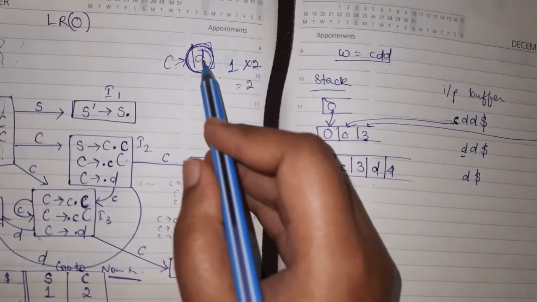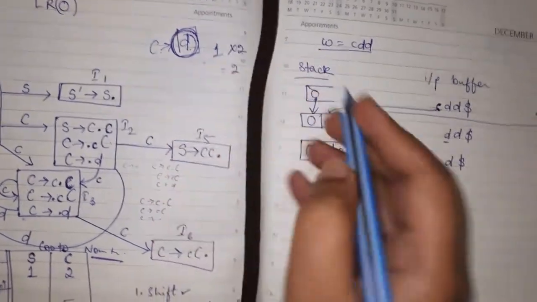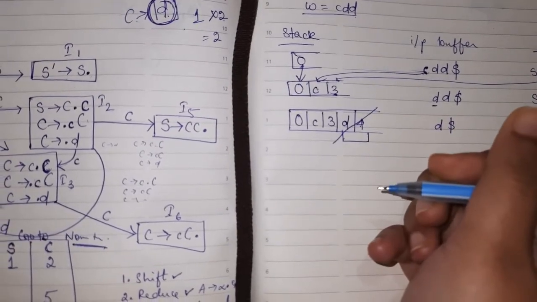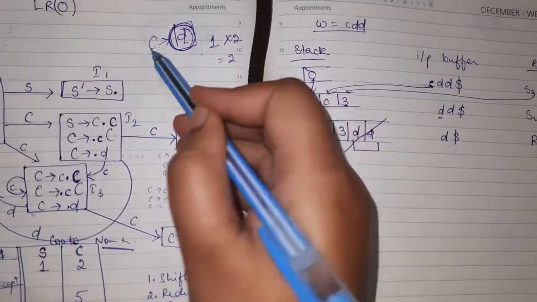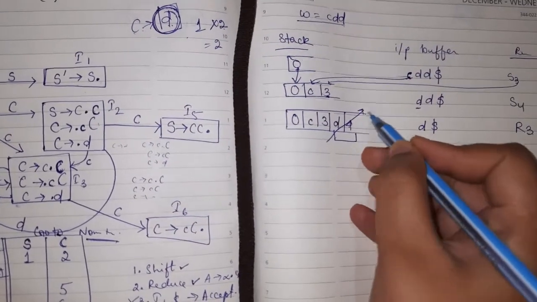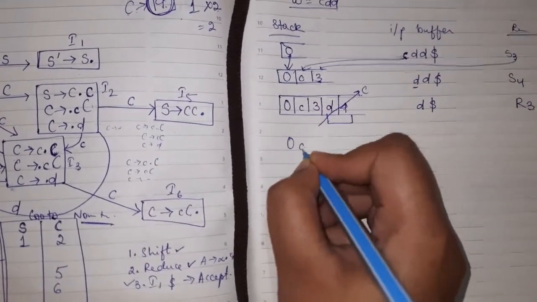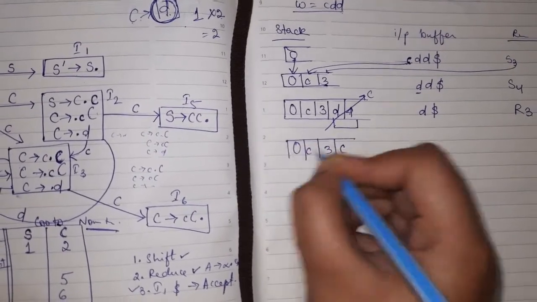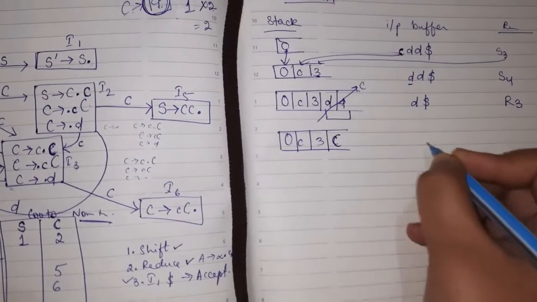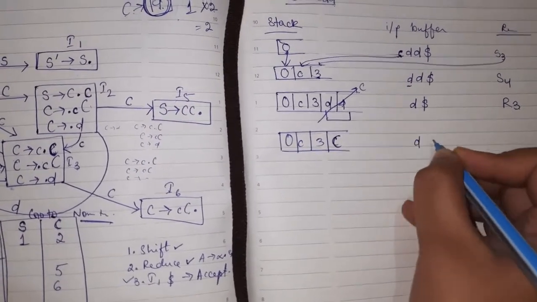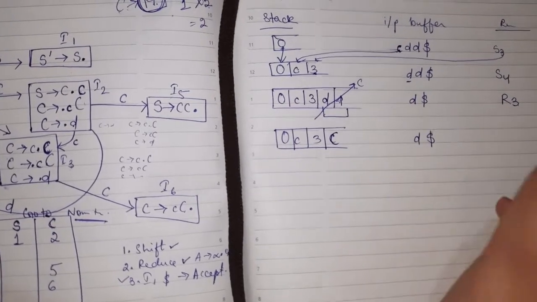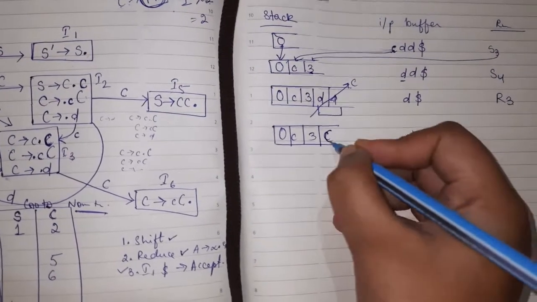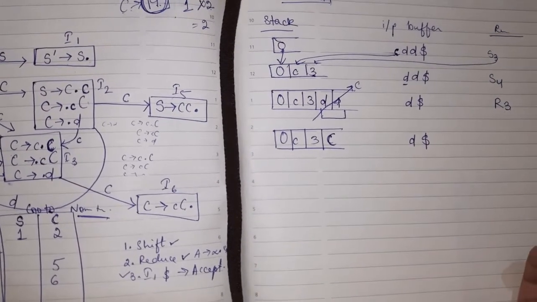Means 2 letters need to be removed or popped off from the stack, and replaced by the LHS, that is C. So this becomes 0 C 3 C. This is my stack content, capital C. And here I am left with D dollar, because D was not shifted from input to stack.